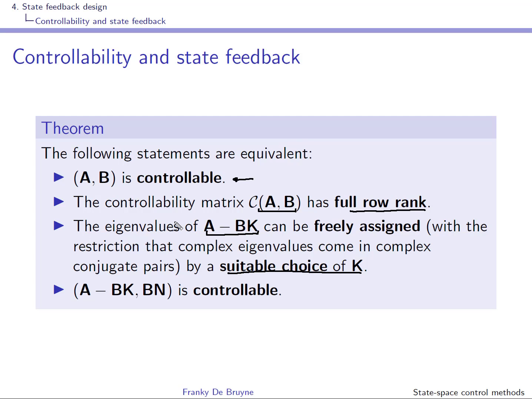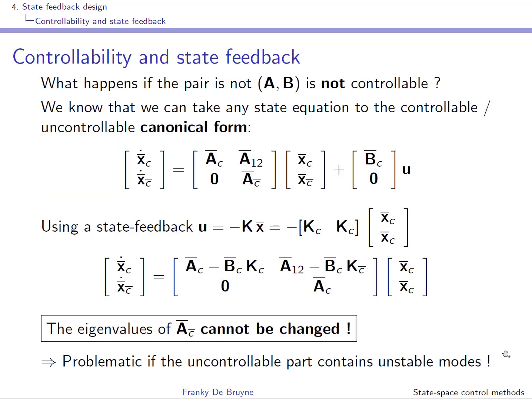Okay, so we can show that all those statements are equivalent and that after state feedback the closed loop is still controllable. Well, what happens if the pair AB is not controllable? We have seen before that you can find a similarity transformation that will transform your state into a state X bar, where you have the following decomposition.